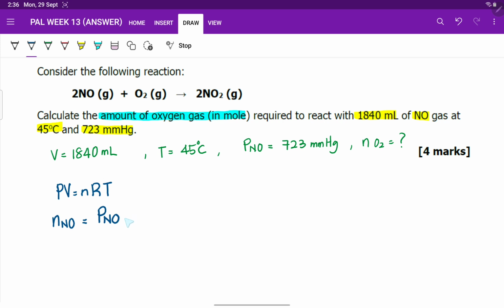So n equals PV over RT. This is the equation we are going to use to find the number of mole of NO.